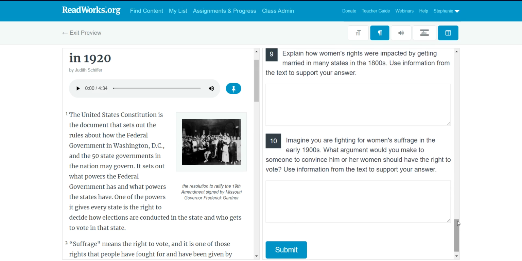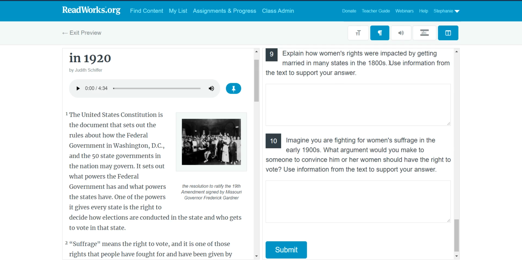Number 9: explain how women's rights were impacted by getting married in many states in the 1800s. Use information from the text to support your answer. Please RACE. Restate the question.